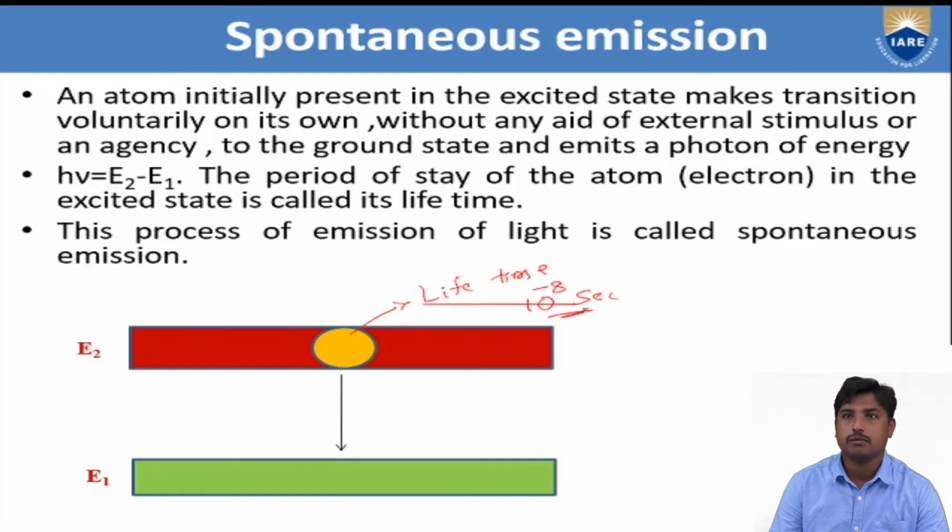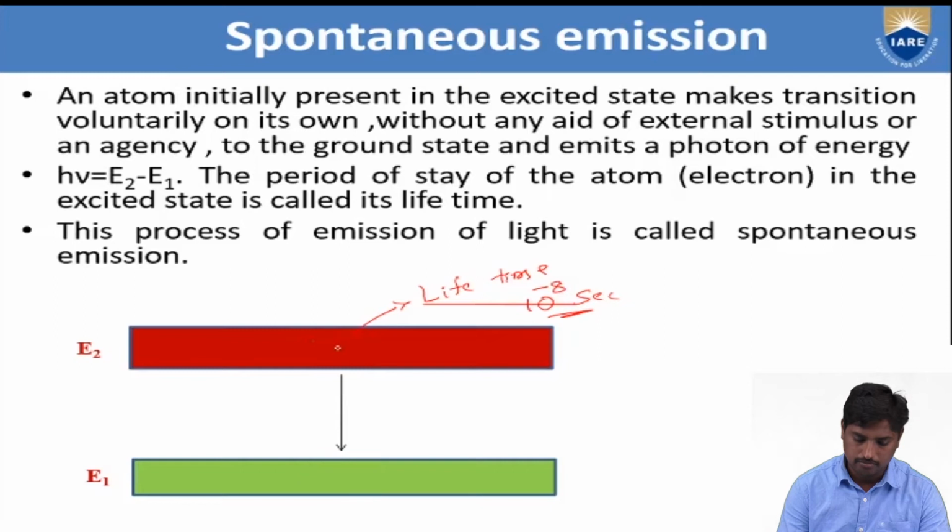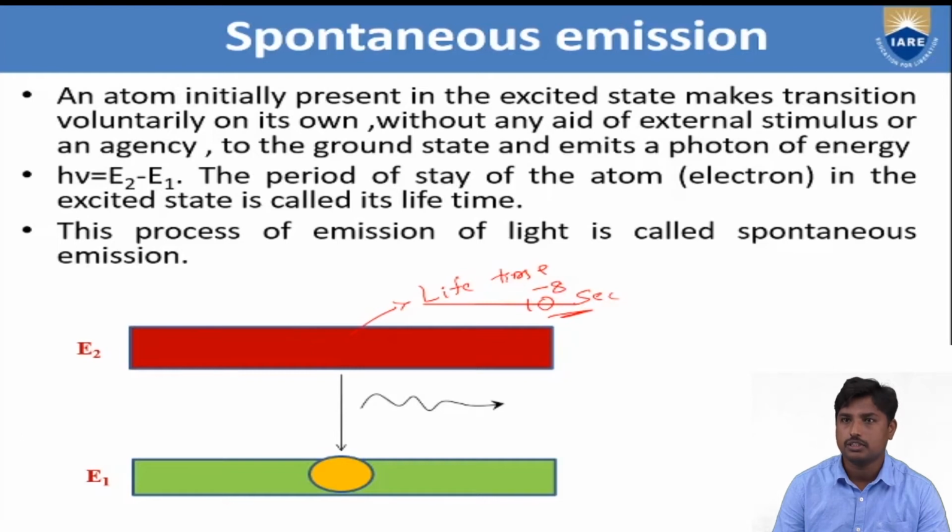An atom initially in the excited state makes a transition voluntarily on its own, without any aid of an external stimulus or agency, to the ground state and emits a photon of energy. In the diagram, the atom after its lifetime is spontaneously de-excited to the ground state with emission of a photon. This is called spontaneous emission.